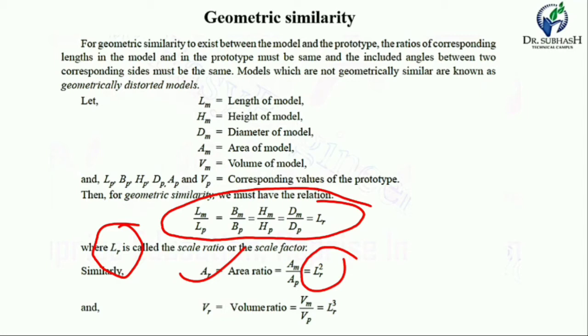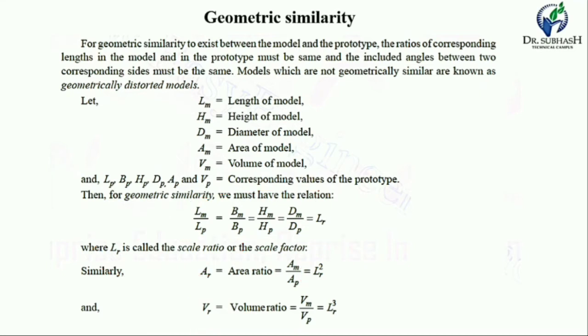So the ratio of area of model to area of prototype is equal to LR square, and the volume ratio, the volume of model to volume of prototype, is equal to LR cube. If the model fulfills these conditions, then the model is geometrically similar to the prototype.